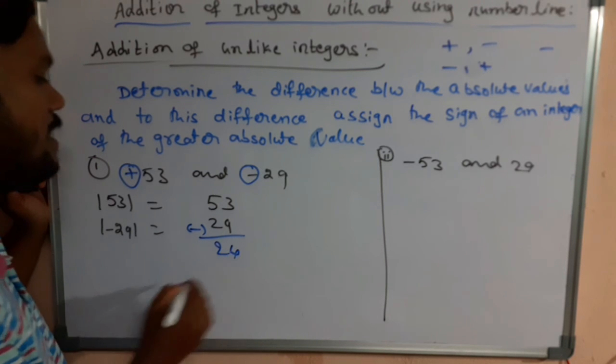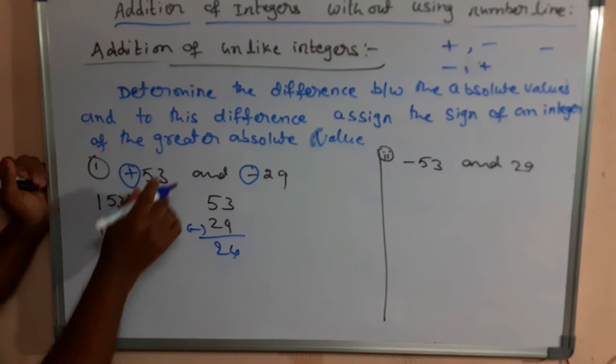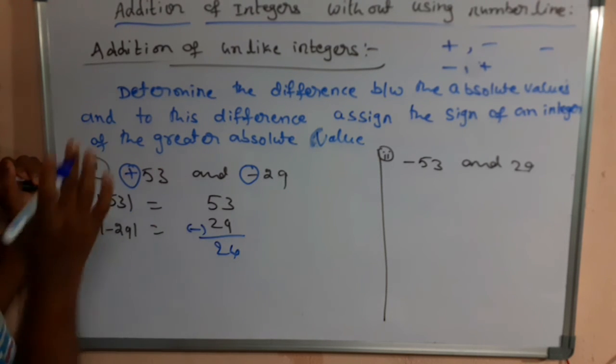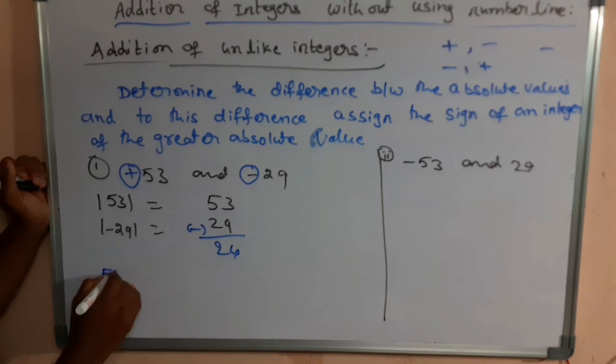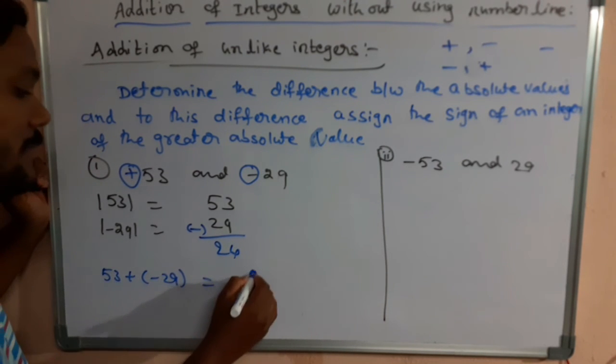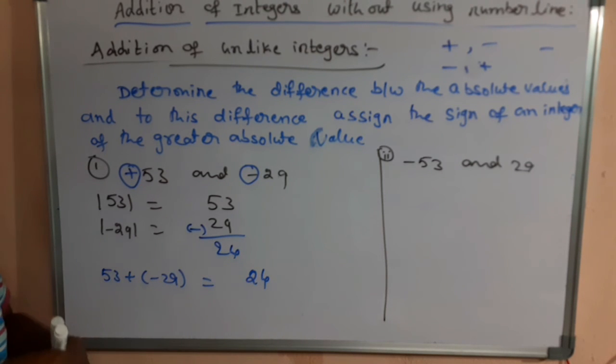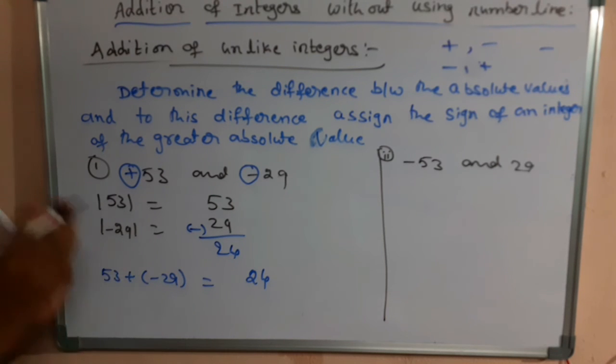The difference between these absolute values we got is 24. For the sum, we take the same difference as the answer, but whether the sign is positive or negative depends upon the integer which has the greater absolute value.